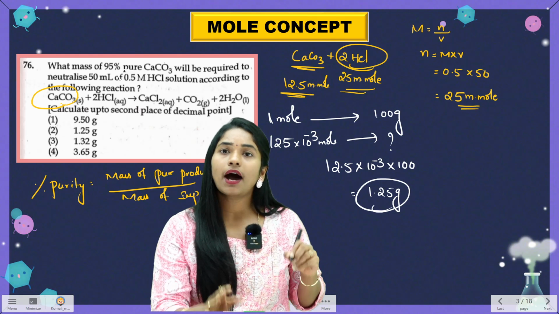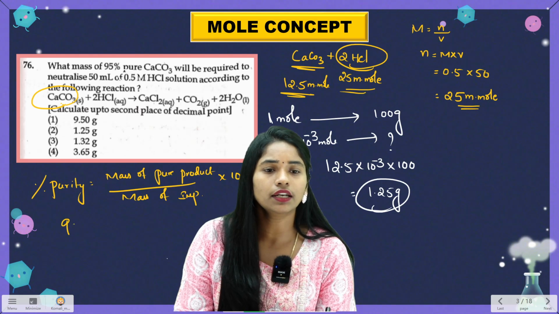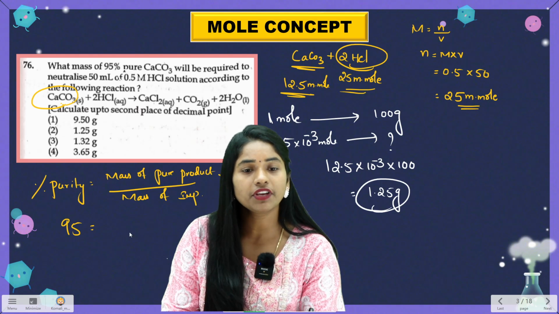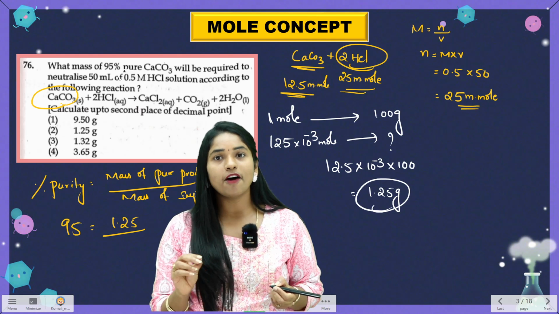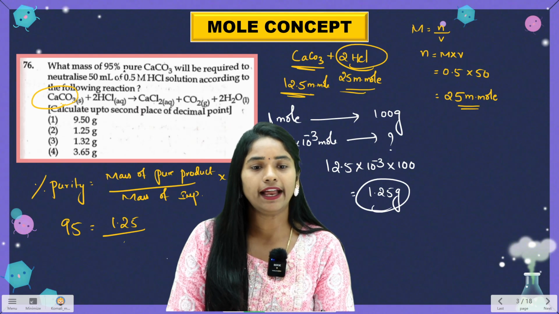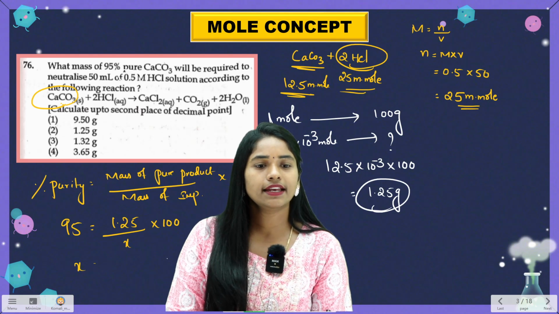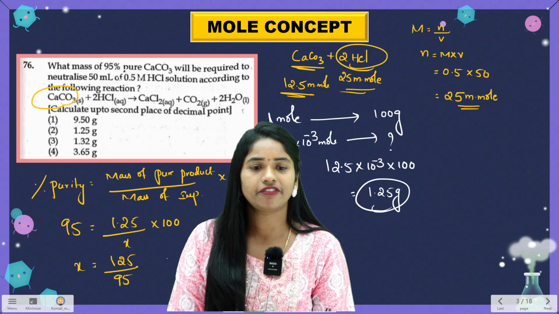So what is the mass of the pure product given in the question? 95%. So here 95 is equal to the mass of pure product, which we got here as 1.25, divided by the mass of impure product that we have to calculate. Let us consider some x, into 100. Then x is equal to 125 divided by 95.